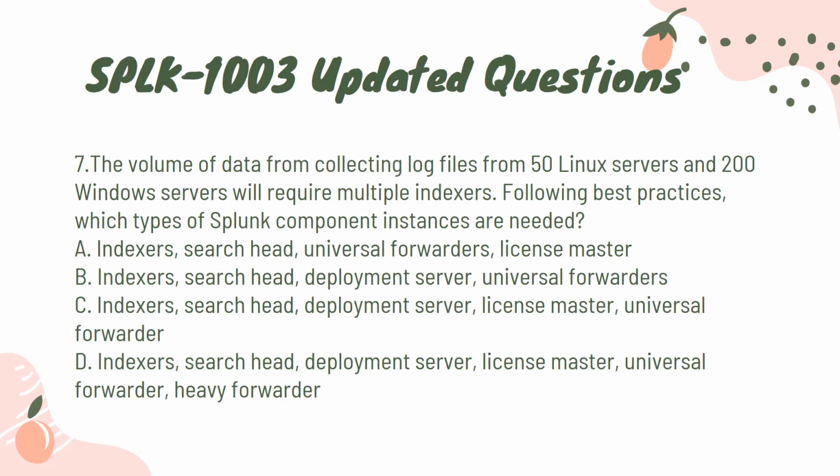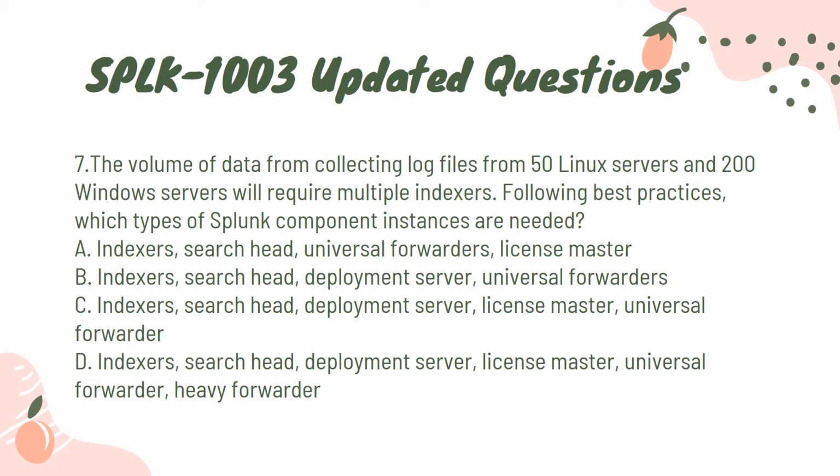7. The volume of data from collecting log files from 50 Linux servers and 200 Windows servers will require multiple indexers. Following best practices, which types of Splunk component instances are needed? A. Indexers, search head, universal forwarders, license master.